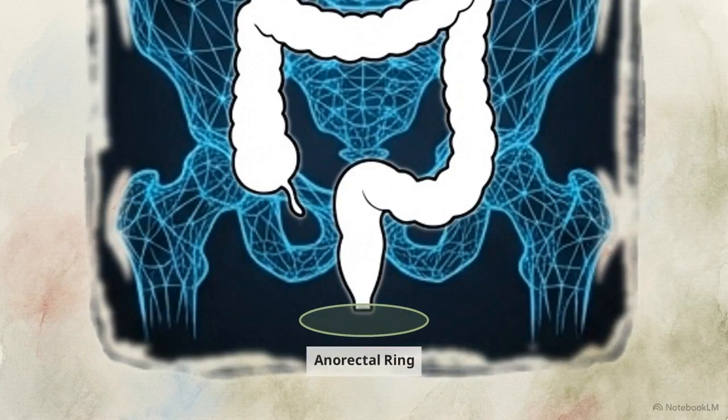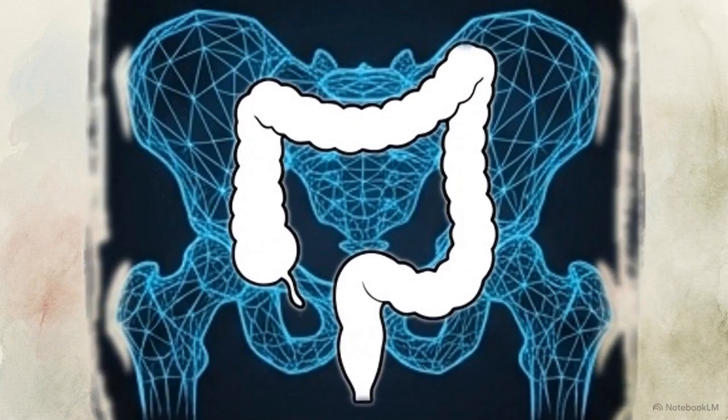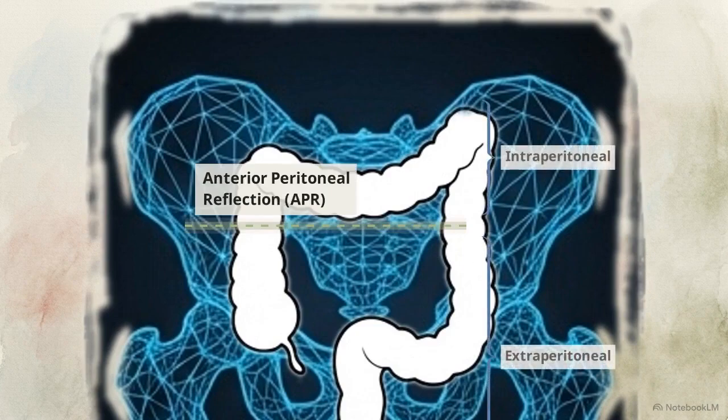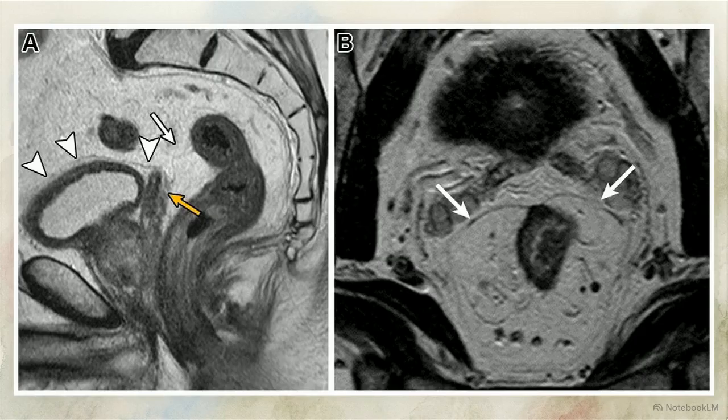Moving superiorly from the pelvic floor, we reach the most critical oncologic divider in the pelvis, the anterior peritoneal reflection, or APR. On this axial MRI, the APR appears as this distinct seagull configuration.